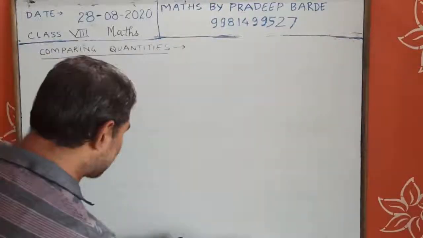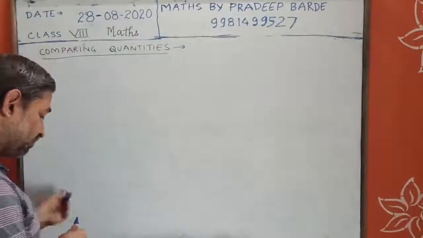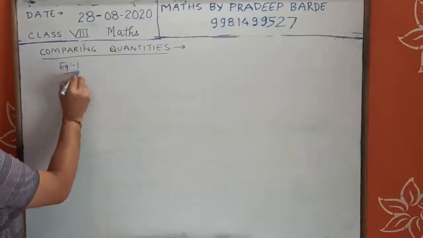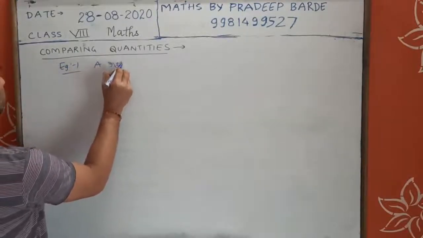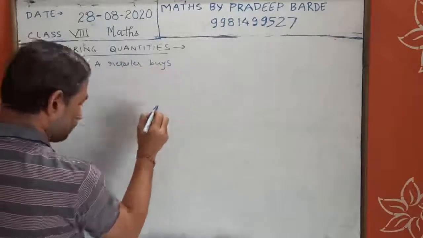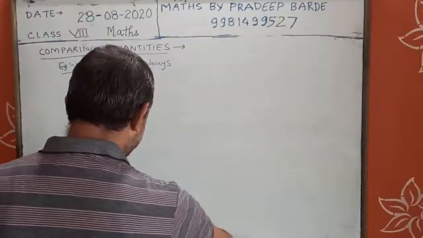Okay students, let's take some examples based on overhead expenses. A retailer buys a wall clock for rupees 115.